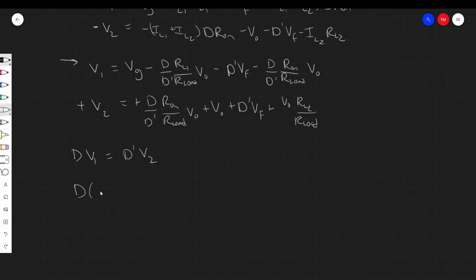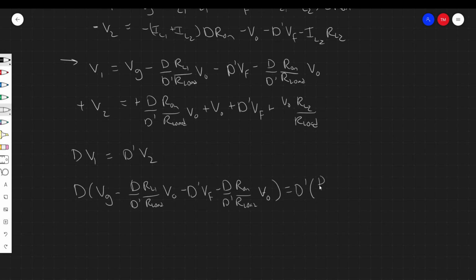So D times VG minus D over D prime RL1 over R load V out, minus D prime VF, minus D over D prime R on over R load times V out is equal to D prime times D over D prime R on over R load plus V out plus D prime VF plus V out RL2 over R load.